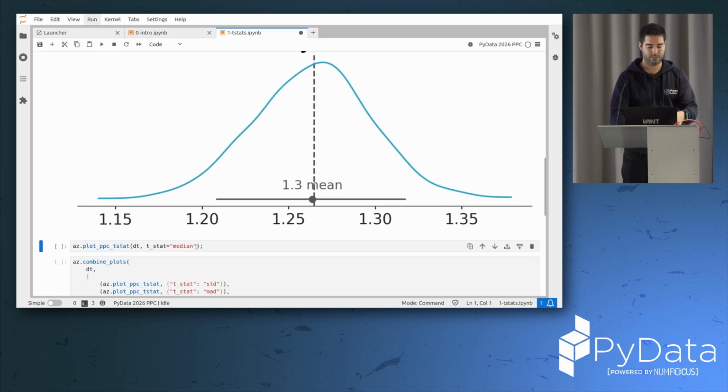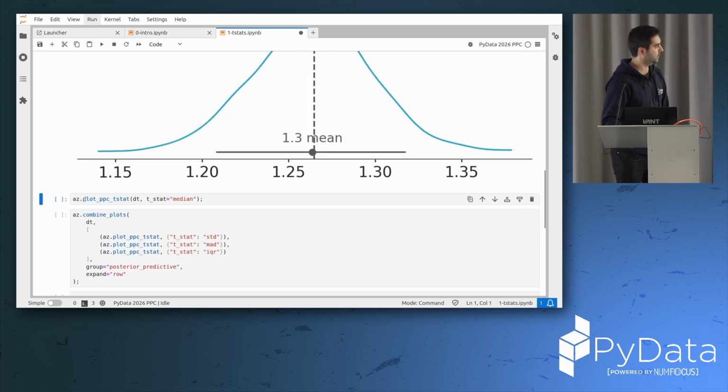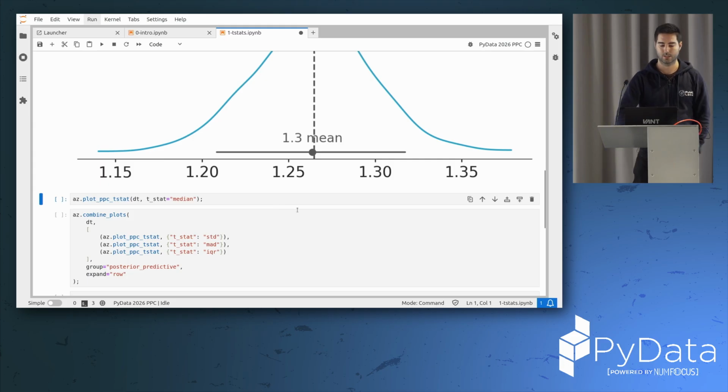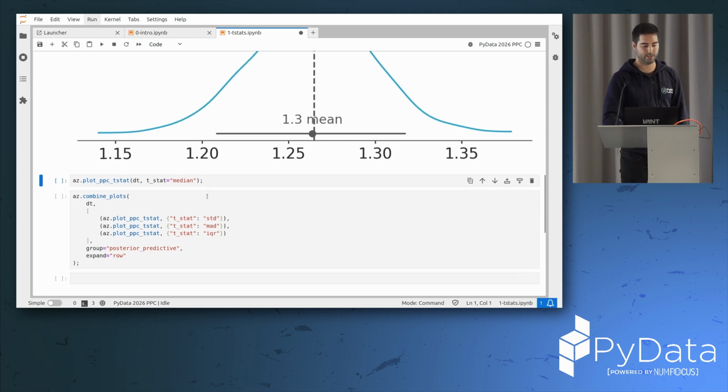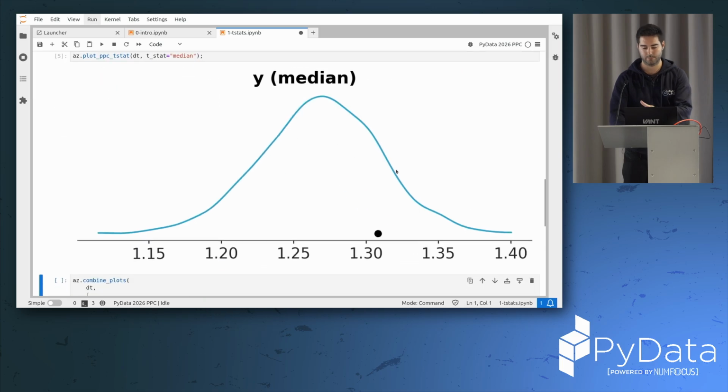We have this function called plot_ppc_tstat, and you can choose multiple t statistics: median, mean, interquartile range, standard deviation, median absolute deviation, different quantiles, stuff like that, so that you get more or less the same plot but focused on this.